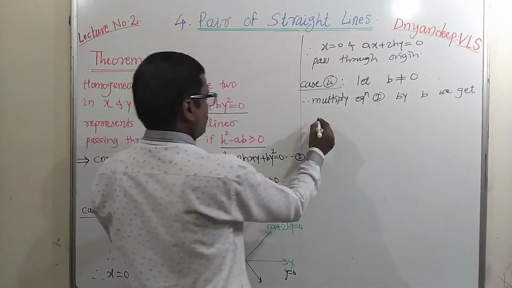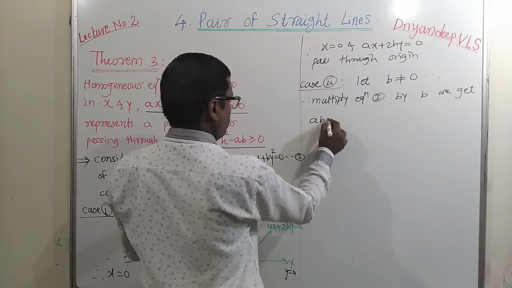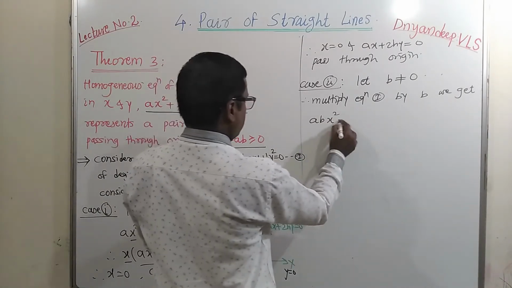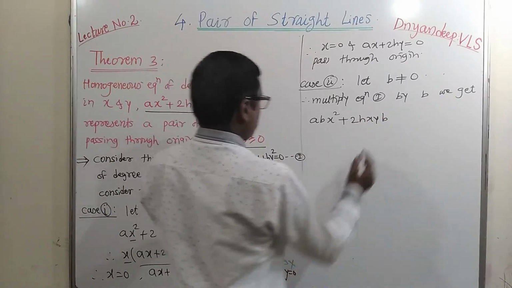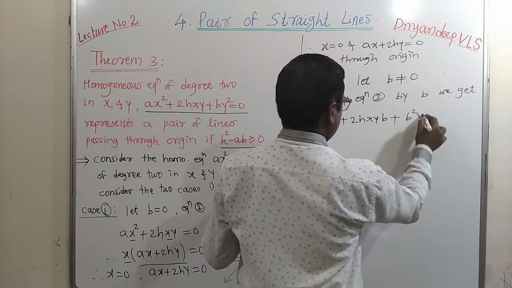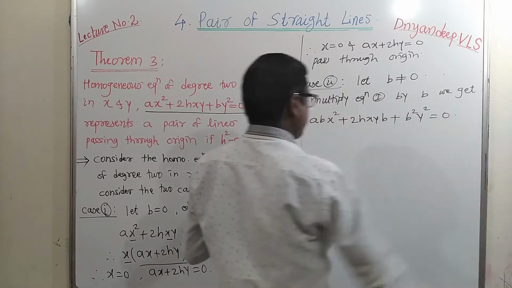we get abx square plus 2hxyb plus b square y square equal to 0.